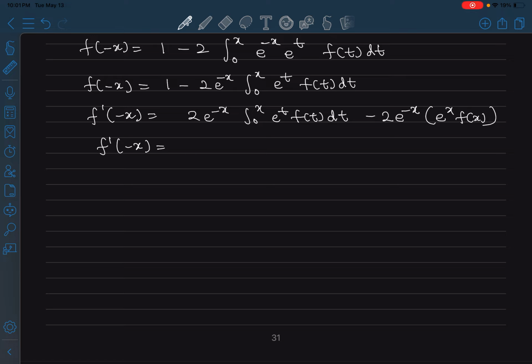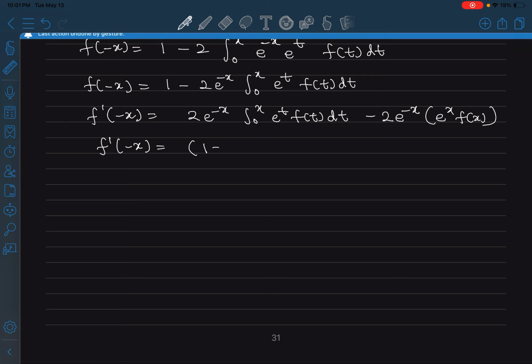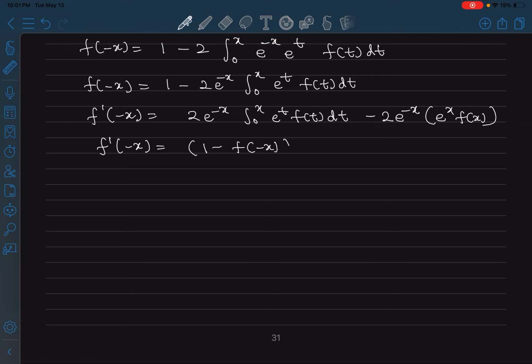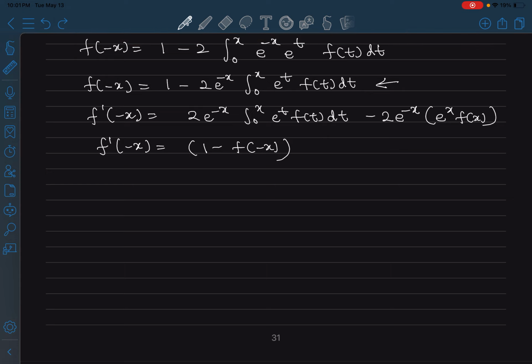Okay, so then I will have f prime of negative x equals, over here I will do one thing. I can substitute this as 1 minus f of minus x. You can see it from this equation, you can isolate this term and get it as 1 minus f of minus x. I'm doing this so as to obtain a sort of differential equation where everything is just in terms of y. And this becomes just minus 2 f of x.